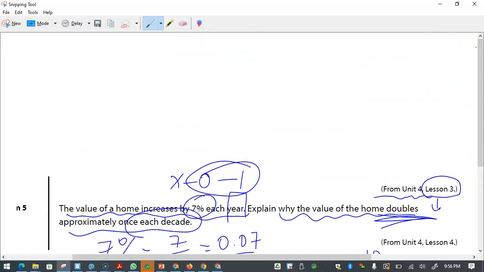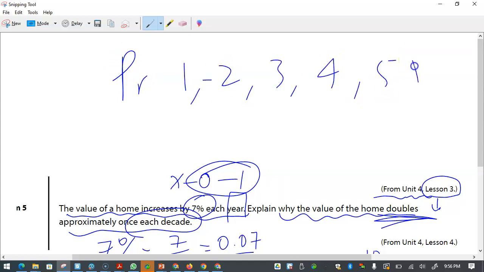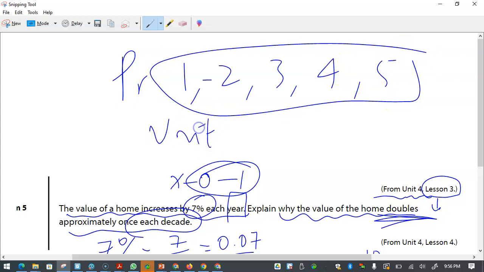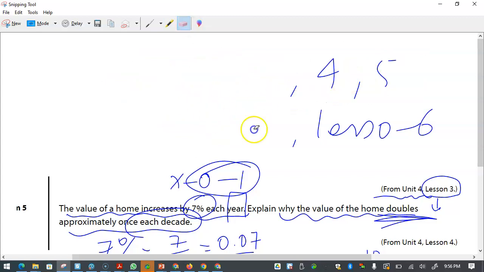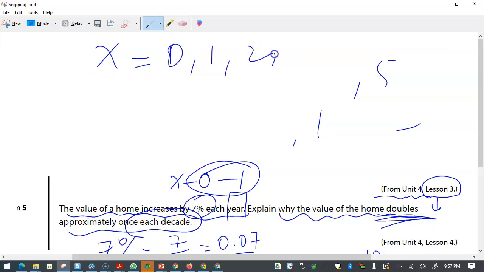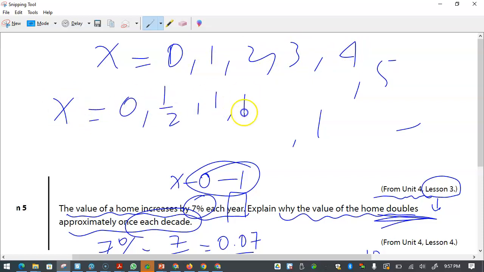So with this, there were problems number 1, 2, 3, 4, 5, the practice problems for unit 4, lesson number 6. So I hope that helps. So whatever the learning target was, if x did not increase by 1 but increased by a fraction, let's say instead of x going from 0, 1, 2, 3, it could go from 0 to half to 1 and 1 half, like that.